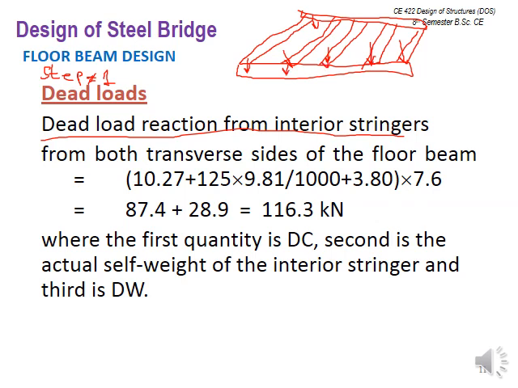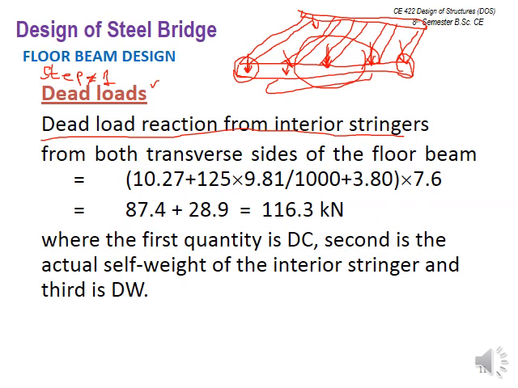We are interested in only one floor beam, and all of these reactions are in the form of concentrated loads. So we calculate in two parts, and then finally add them up for the dead loads, for the exterior separately and interior separately. Whatever we get from the exterior stringer will act on the floor beam as a concentrated load, and whatever we calculate from the interior stringers will be acting on the floor beam in the middle.